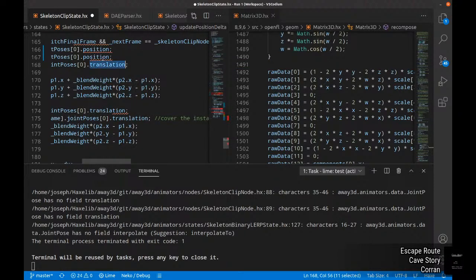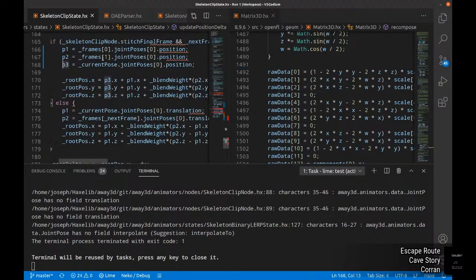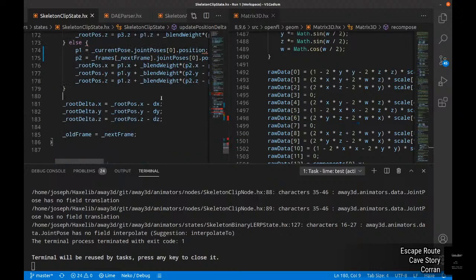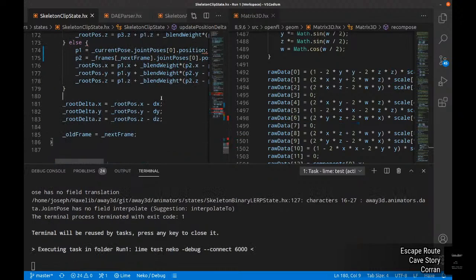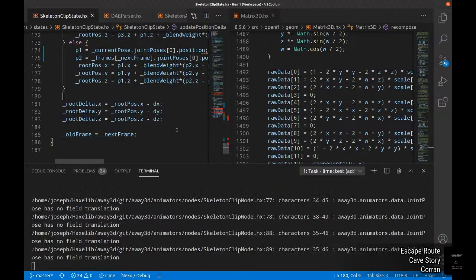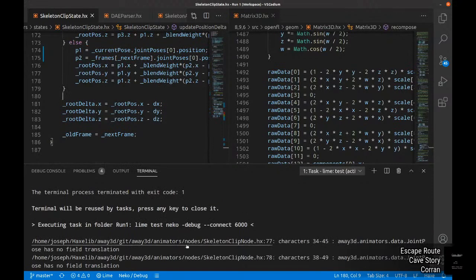Or maybe not. If I don't have to set that value, I can just read it out. Okay, any other compile errors for me? Yup.